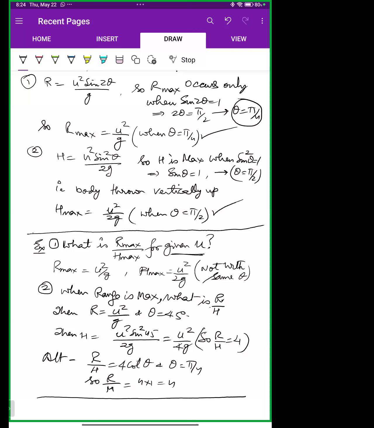Whenever a question is given, students in general don't read the question. They are in a hurry to get the data. They want what is R, what is H, what is theta. So let me immediately give you the answer.